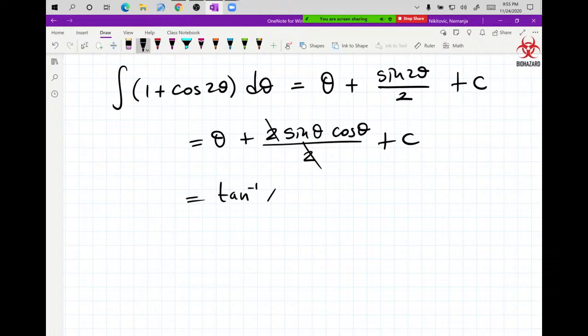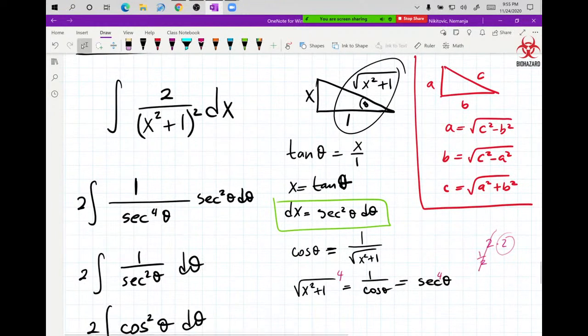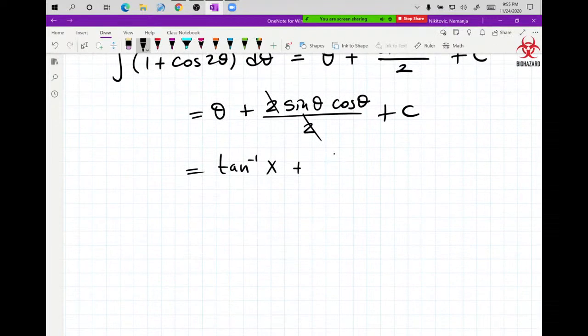So this problem is bad, obviously, because it's not going to be inverse tangent of x for Laplace transform, but a problem could line itself up for something like this. And then you have plus sine theta, you read it from the triangle, which is x over the square root. And then cosine theta was 1 over square root plus c.